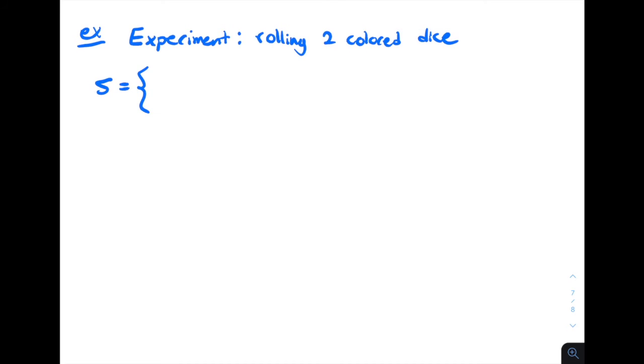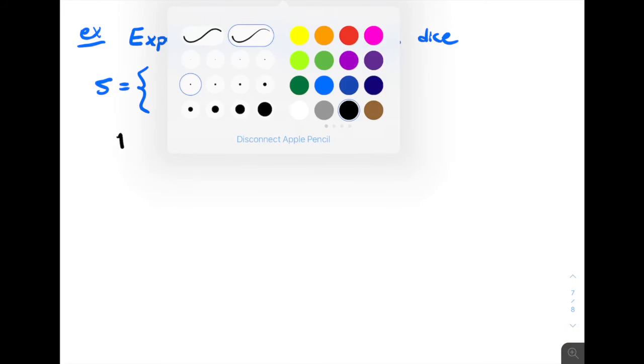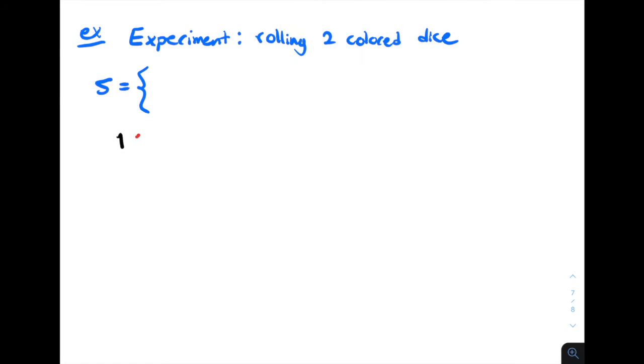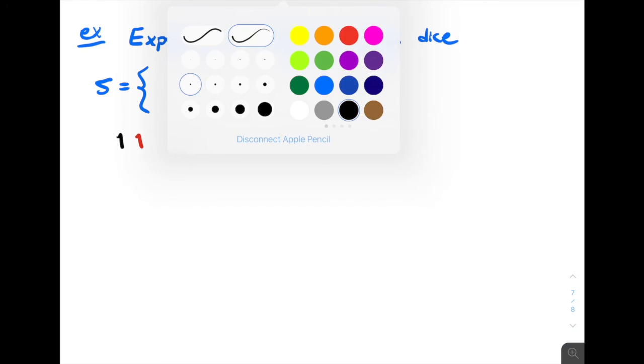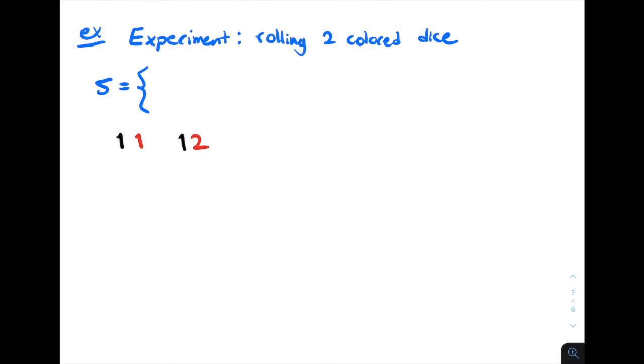Let's also consider the experiment of rolling 2 dice. Here, our set of all possible outcomes includes rolling a black 1 and a red 1, a black 1 and a red 2, and we can continue this to find all possible outcomes.